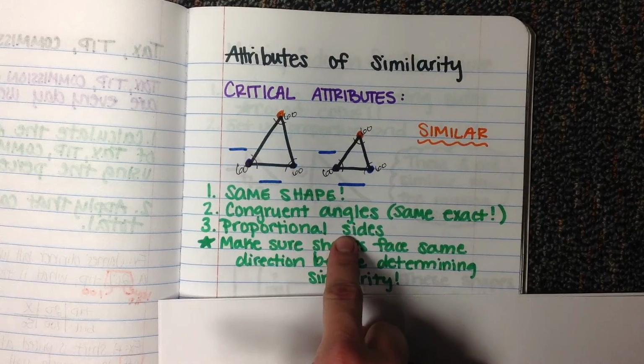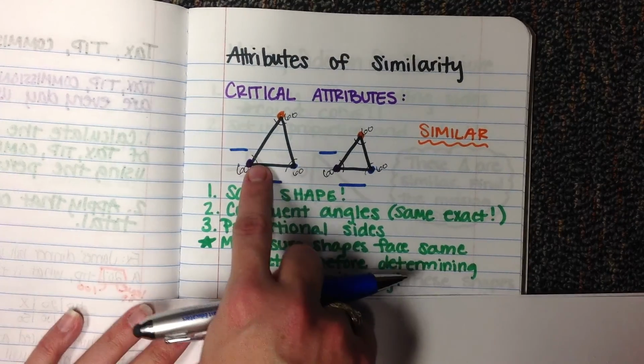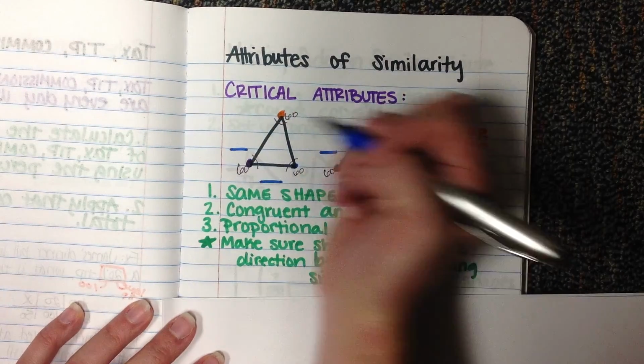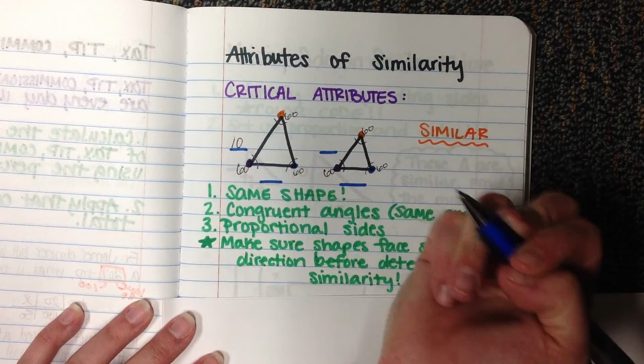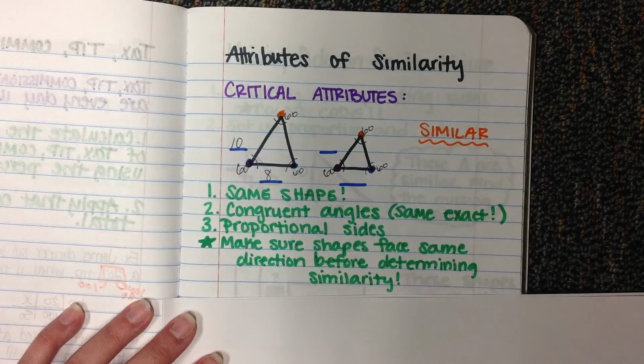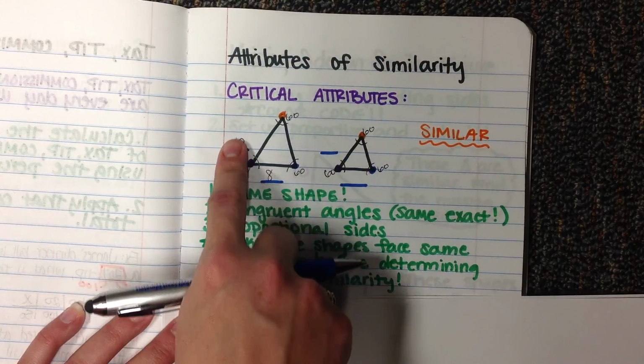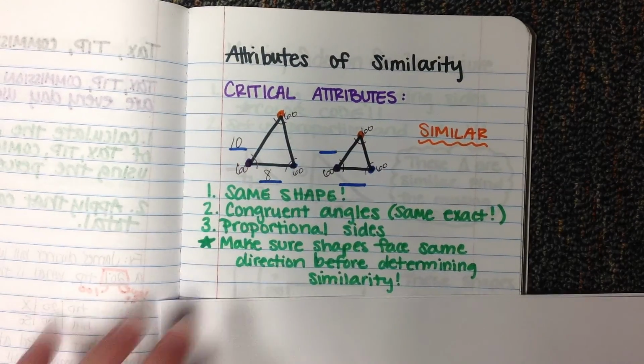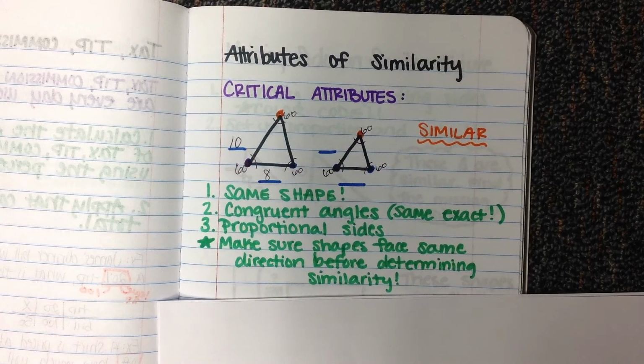Now, the next thing that you have to have is proportional sides. What that means is, if on my larger triangle, my sides are 10 and 8, then I have to grow and shrink in a proportional measure.